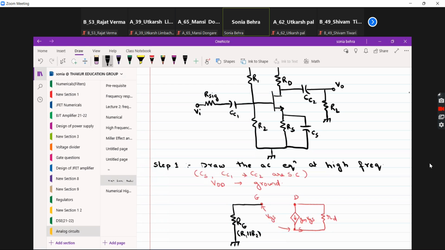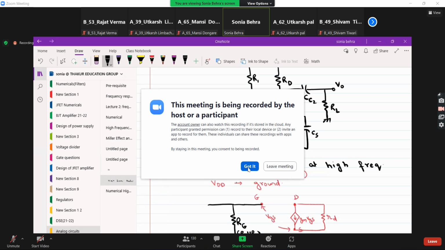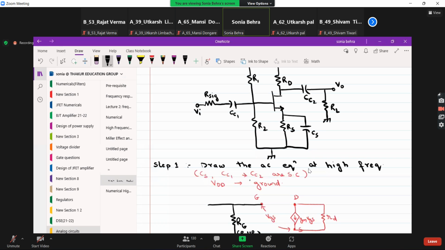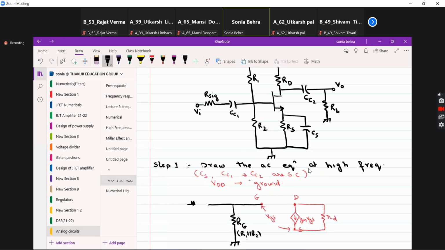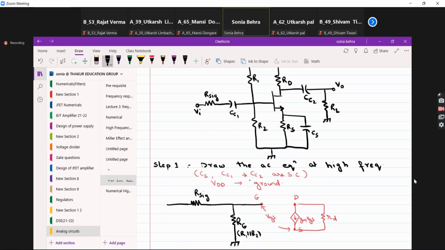Then there is a capacitor C1 which will act as short. And then there is your R signal, resistance R signal, and your input. ये जैसे आपने लो फ्रीक्वेंसी के लिए बनाया था, same.